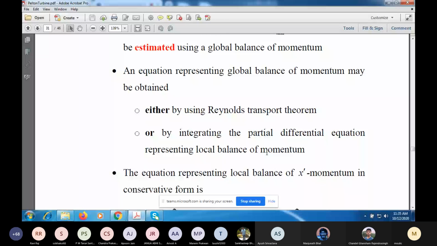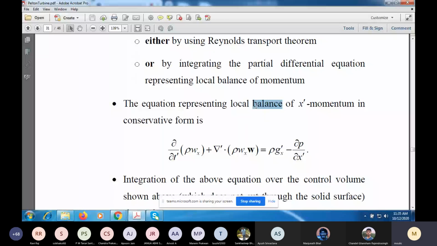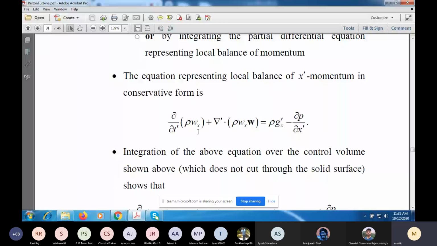Now if you look at the local balance of x prime momentum, this we have derived using the Galilean transformation. This is the Euler's equation in the translating frame. So I've used del t prime here, divergence grad prime here.